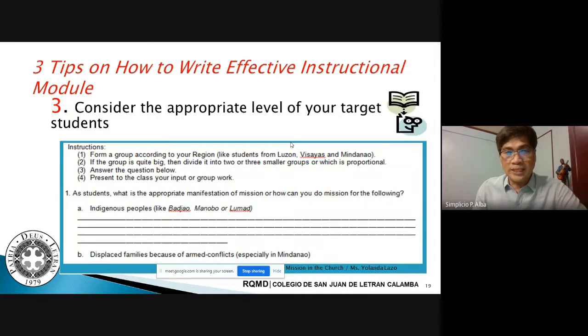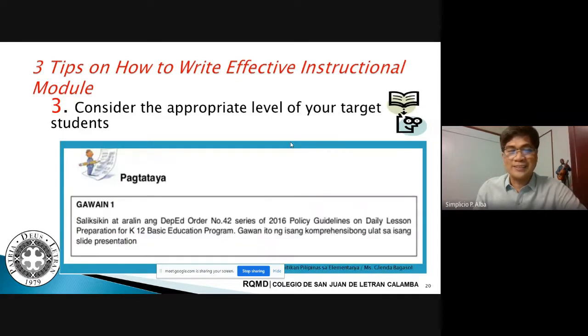This module, by the way, is intended for senior high school students. And although, as we can see, DepEd order is mentioned in the module Pagtuturo ng Panitikan Pilipinas sa Elementarya by Ms. Bagasol, target students here clearly are the college students taking up education.